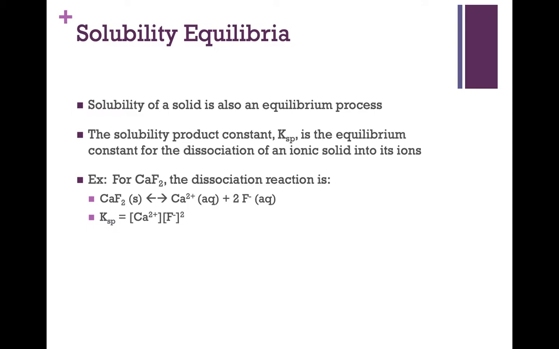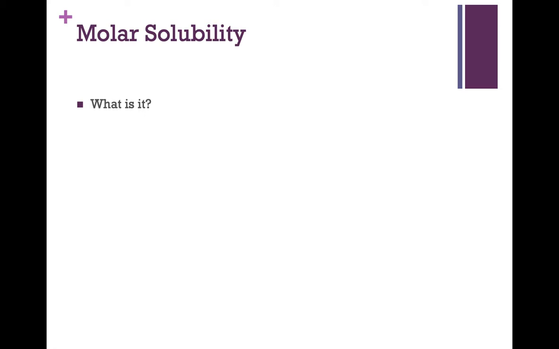Now, when we're doing calculations for KSP, there are two components as far as what we're trying to solve for. We're either going to be looking for KSP or we're going to be looking for something else called the molar solubility. And those two things are different. They're not the same, and I really do want to emphasize that. KSP itself is an equilibrium constant.